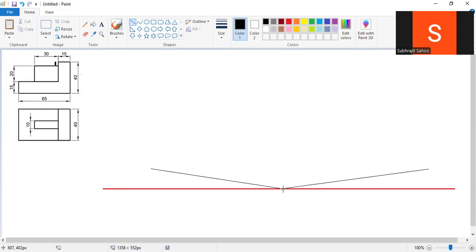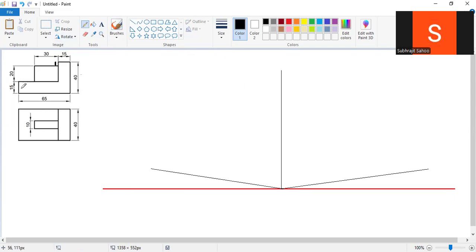After that, from the same point, draw a 90-degree line. I am drawing light lines because in between it is required to erase somewhere. So in drawing, always draw light lines. I will erase this line, but for convenience I have taken this line right now. Right, observe the diagram, sir.